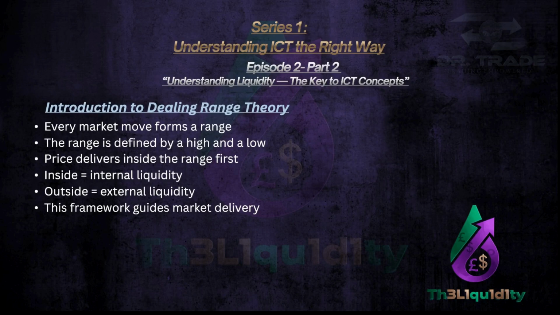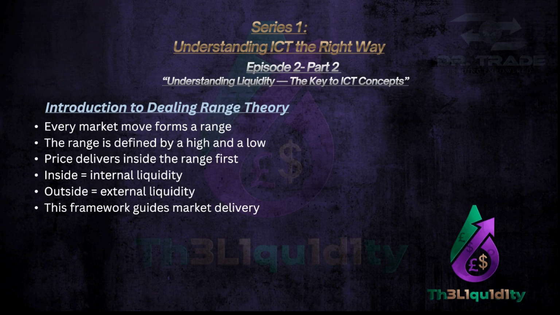So, before we continue with a deeper dive into liquidity concepts, I think it's worth noting that we should first cover some dealing range theory. So, what is a dealing range? The market consists of various market profiles, whether it's consolidation, reversal, retracement, and expansion.